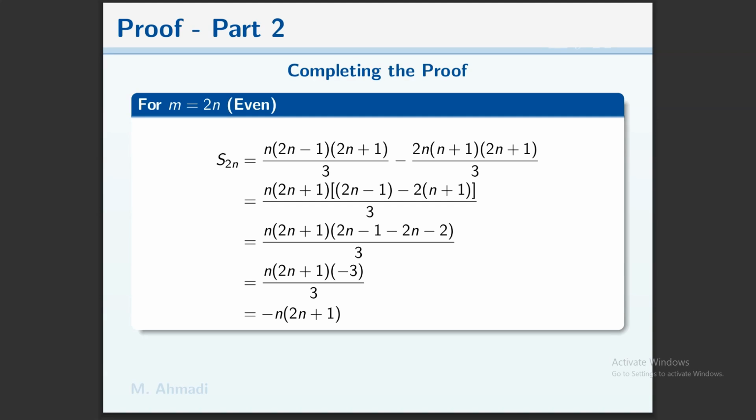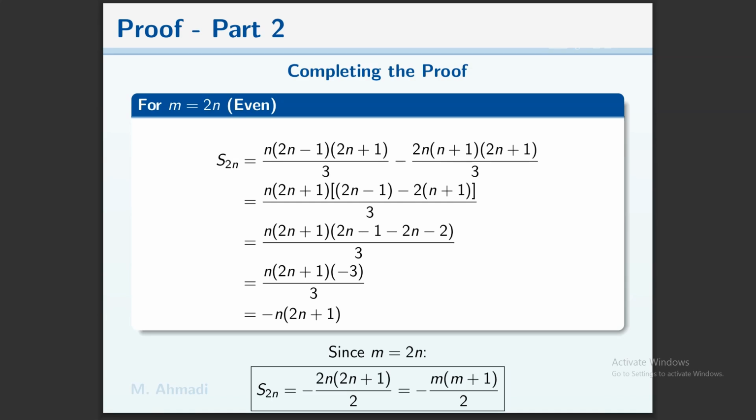S_2n equals n multiplied by (2n minus 1) multiplied by (2n plus 1) over 3, minus 2n multiplied by (n plus 1) multiplied by (2n plus 1) over 3, equals n multiplied by (2n plus 1) multiplied by (2n minus 1 minus 2n minus 2) over 3, equals n multiplied by (2n plus 1) multiplied by minus 3 over 3, equals minus n multiplied by (2n plus 1).